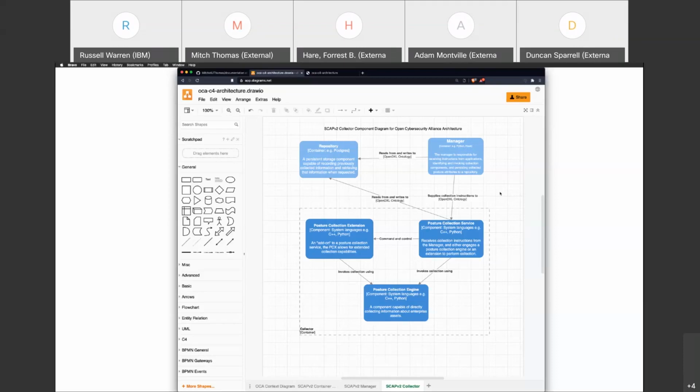So, this is Adam. Can I break in for a second, Mitch? Please. I don't know when the right time is to talk about this, but now, perfect. I did have a chance to talk to the SCAP Endpoint Data Collection Group, which is really what we're trying to represent here with these diagrams.